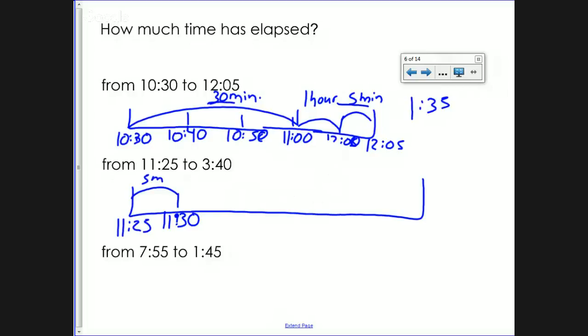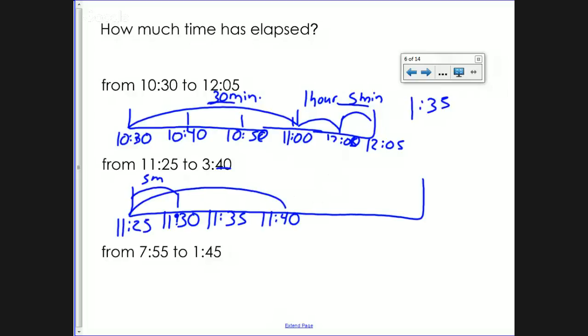We're going to keep going for the number of minutes. We're going to stop at 11:40. So 11:35, 11:40. Because from there, once we get to 11:40, we are going to count by hours.